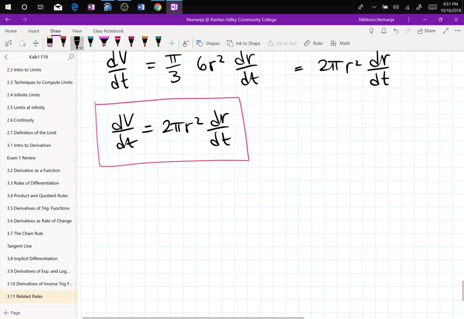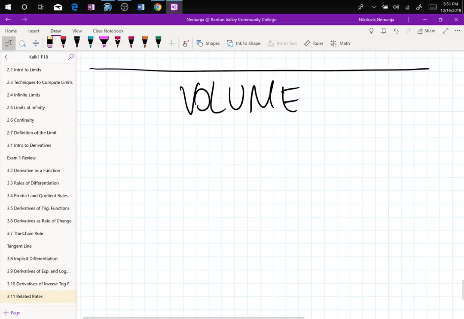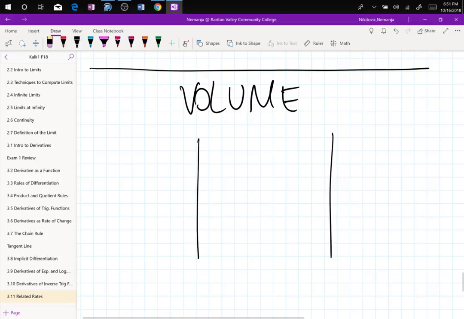All right, it's time for us to categorize the volume, talk about volume. And this is where you're going to learn all of the formulas for volume out there. It's categorized in three different categories.